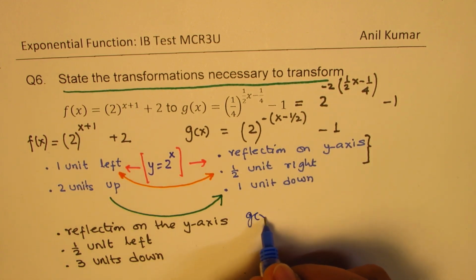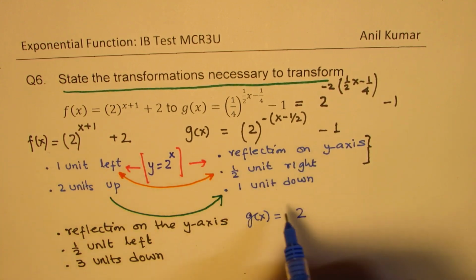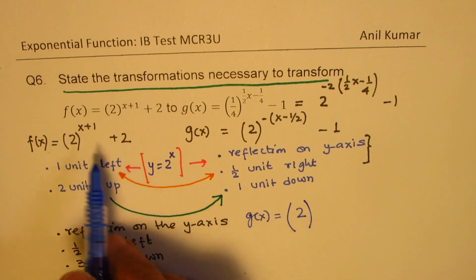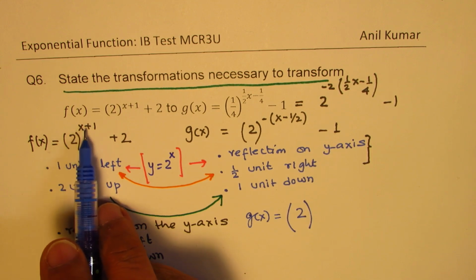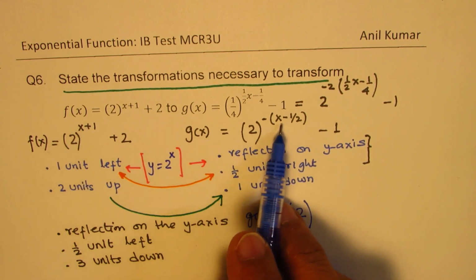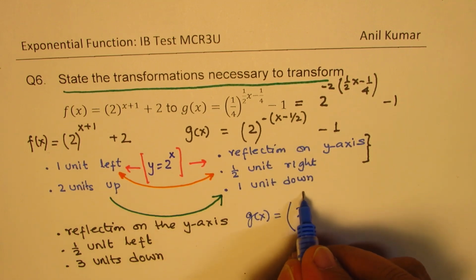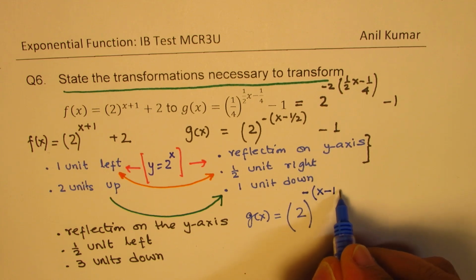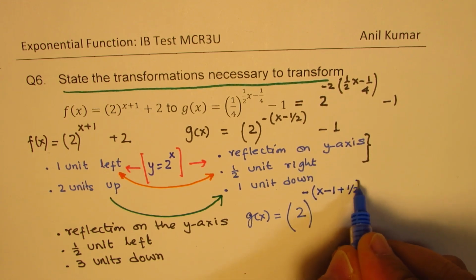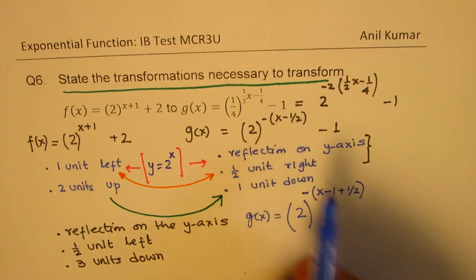So we could write g of x as equal to 2 with the same base, to the power of, now first if I want to reflect this, then it really becomes minus x minus 1, right? Now g of x is minus x minus half. So I will do this as minus, x minus 1 plus half. So that gives me minus of x minus half. Do you see that?